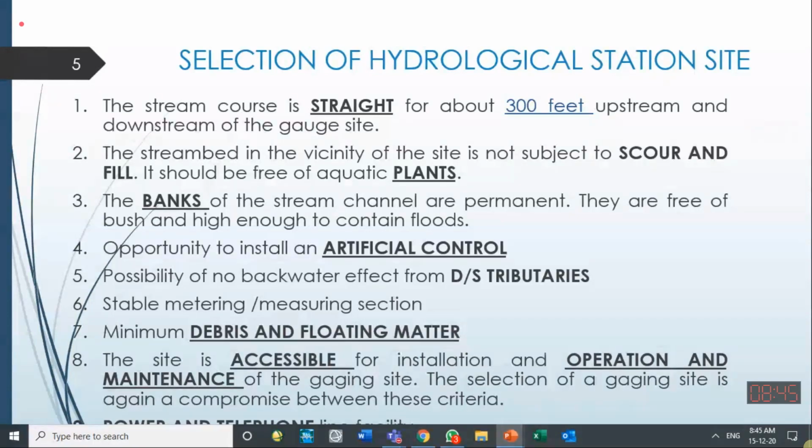If bed level is changed, for example, previously the bed level was at 100 meter, and a 100,000 cubic flood gave me a flood level of 110 meter.